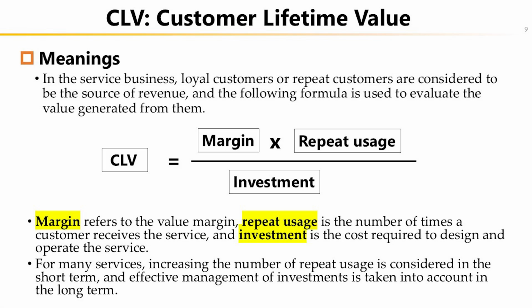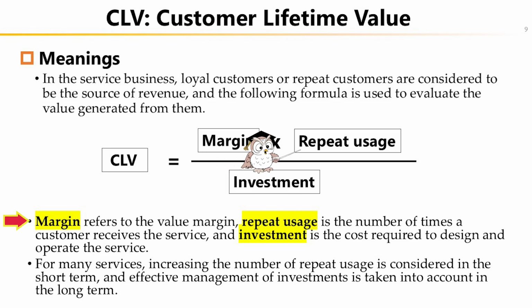The other criterion is the customer lifetime value. In the service business, loyal customers or repeat customers are considered to be the source of revenue, and the following formula is used to evaluate the value generated from them. Margin in the numerator refers to the value margin.